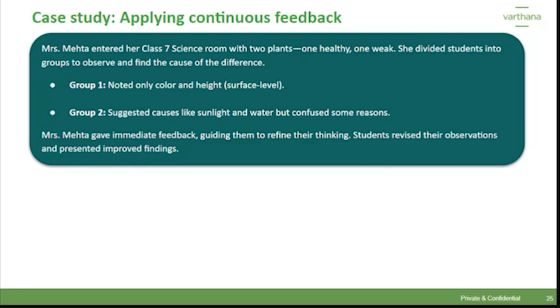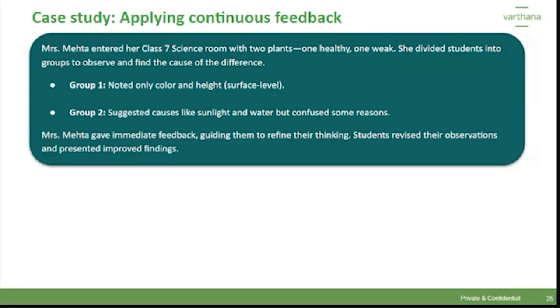So here the teacher used the project-based method to give the students an understanding of photosynthesis. The teacher observed that group one noted only color and height, so their understanding of the photosynthesis concept is very superficial, at a surface level. In group two, she observed that the students discussed the sunlight and talked about the water.